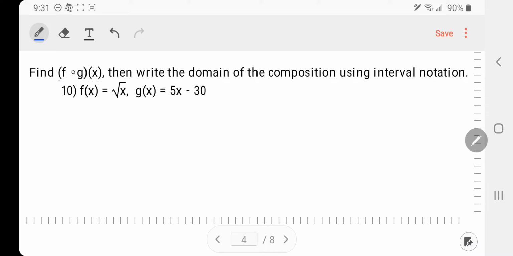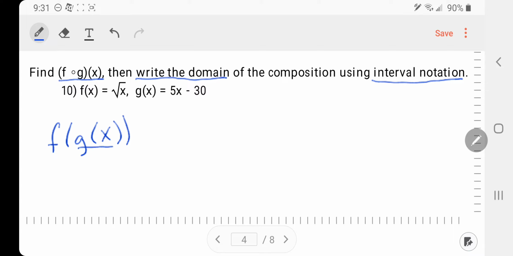All right, next problem. Find the composition, f circle g of x. It says then write the domain. We're going to have to write the domain in interval notation. So there's two parts here. Find the composition and then write the domain. So remember, f circle g means f of g of x.